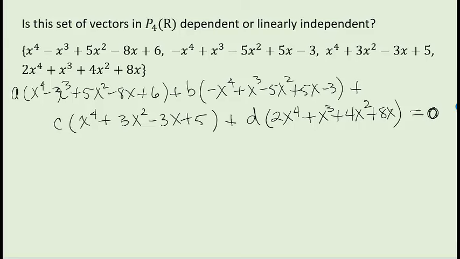In other words, 0x to the 4th, 0x cubed, 0x squared, plus 0x.